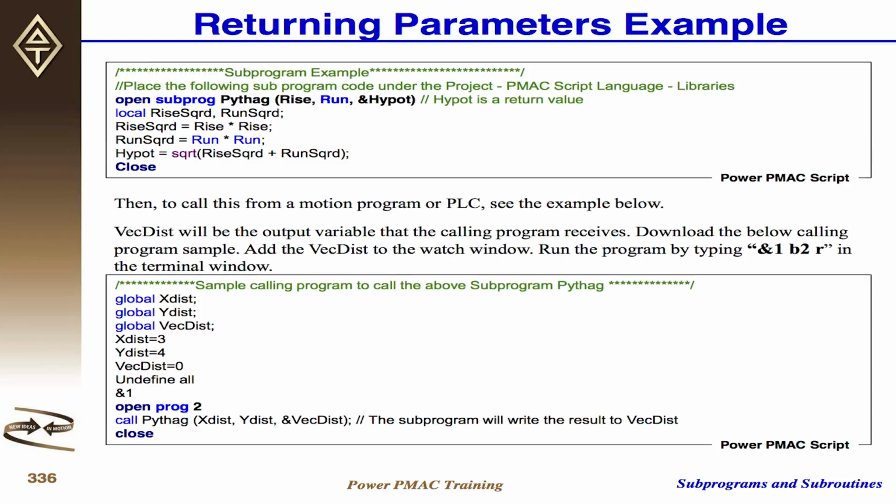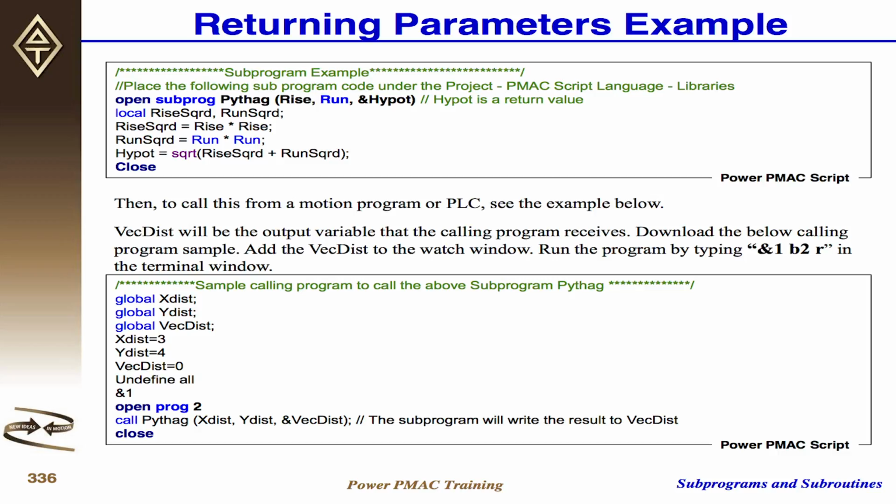Okay, this is the example. We can do it in the class now. We have a subprogram which calculates the hypot of the triangle. You have two arguments, rise, run, and an output, hypot. This is named as Pythagoras, open subprogram Pythagoras.